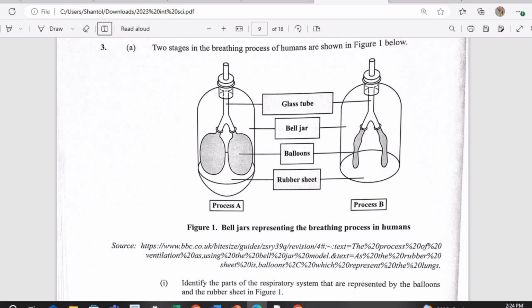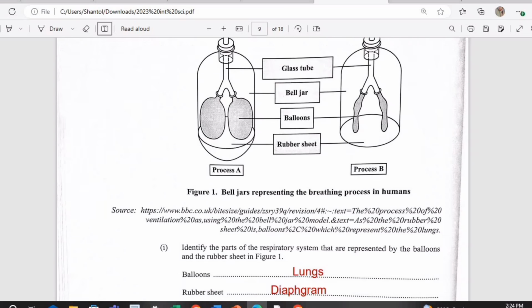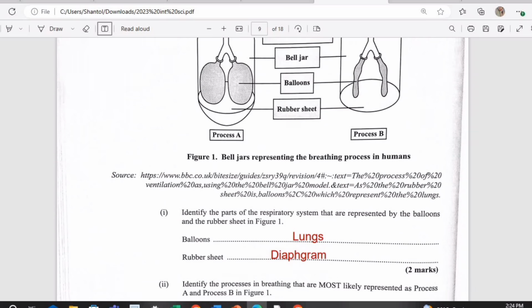1, identify the parts of the respiratory system that are represented by the balloons and the rubber sheet in figure 1. Now, if you said the balloons were lungs, correct, and if you said the rubber sheet was the diaphragm, you are correct.